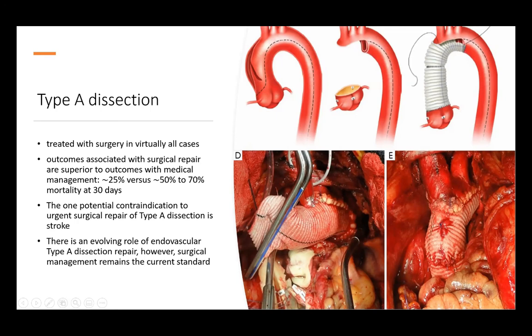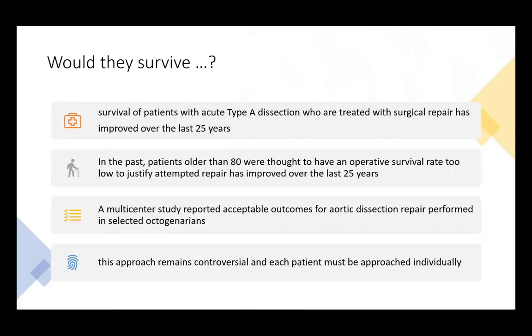So when you push for surgery, one thing you should really consider is whether your patient would survive this surgery. Survival of patients with acute type A dissection who are treated with surgical repair has significantly improved over the last 25 years. In the past, patients older than 80 years were thought to have an operative risk too high to justify attempted repair, although this has improved.